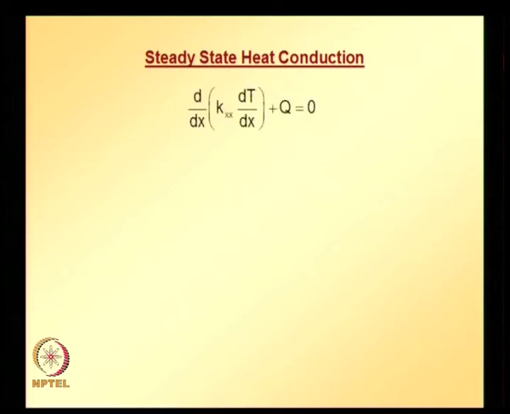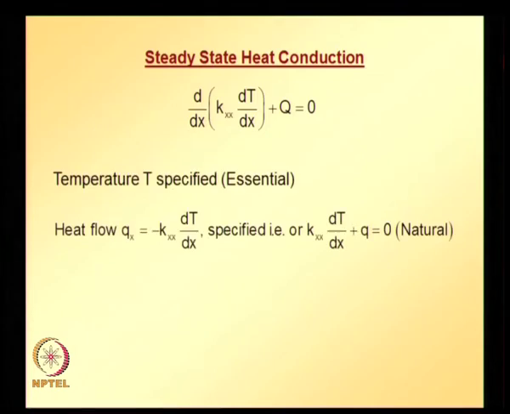The governing equation for steady state heat conduction is given by this differential equation, where k is the thermal conductivity, T is the temperature, Q is the heat generated per unit volume, and these are the boundary conditions: either T can be specified or heat flow can be specified, that is, either essential or natural boundary conditions. So these are the boundary conditions and the differential equation is shown there.